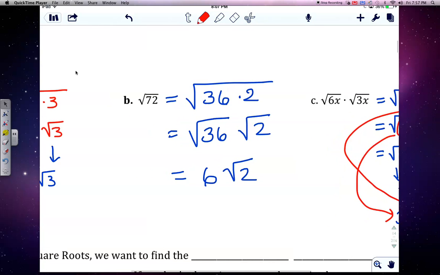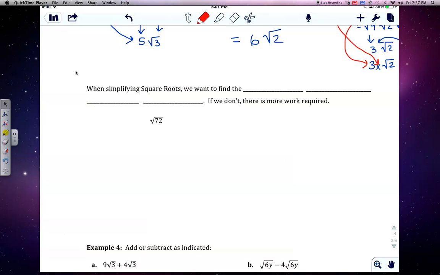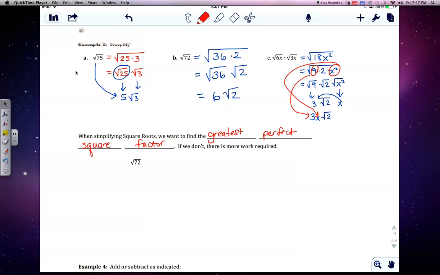Okay. One of the big objectives when simplifying square roots is we will always want to find the largest perfect square factor, or it means that we just have a little bit more work to do. So I'm going to go back to this problem that we did a second ago. We did the square root of 72, example 2. And I broke 72 up into 36 times 2. What if I did not use 36?